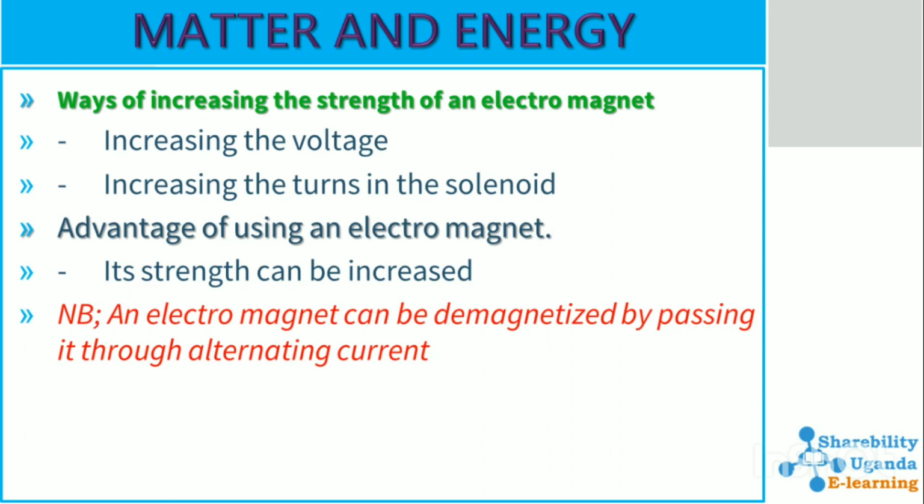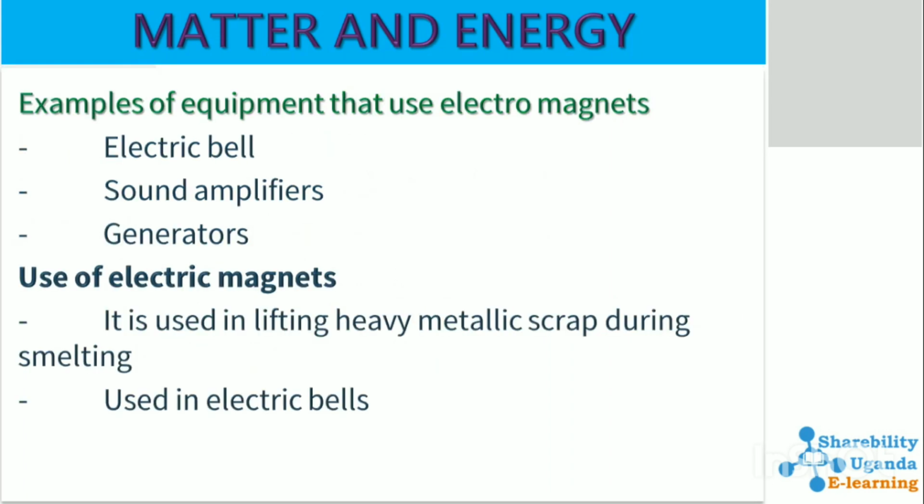Its strength can easily be increased over time. An electromagnet can be demagnetized by passing it through alternating current. Examples of equipment that use electromagnets include an electric bell, sound amplifiers, generators, etc.